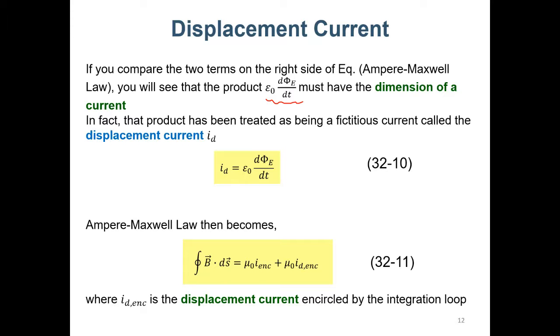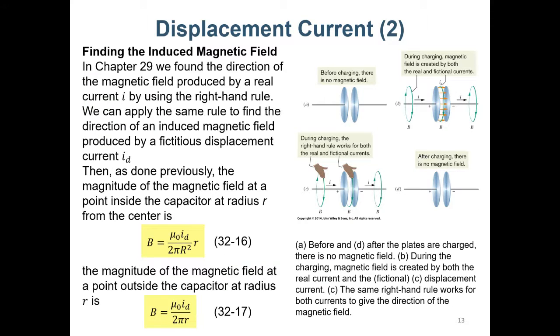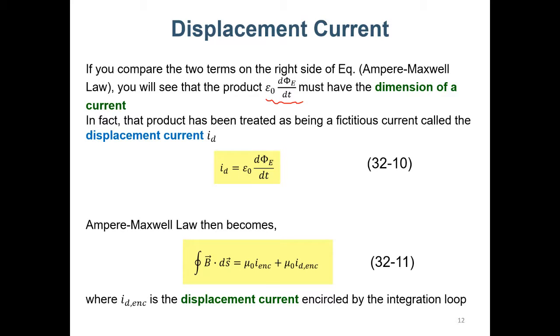You can imagine something like this. We have this term, the displacement current, and we can rewrite it like this. For a parallel plate capacitor, we assume that the E field is uniform.